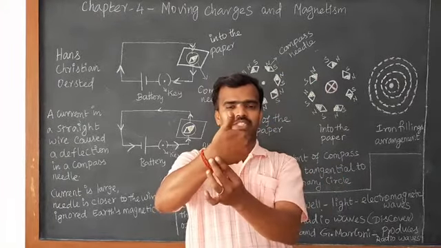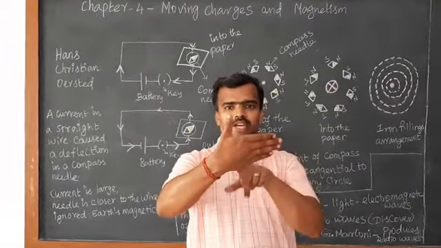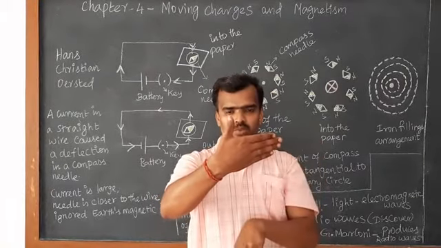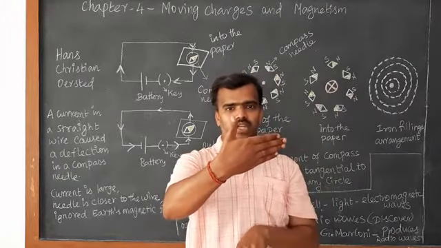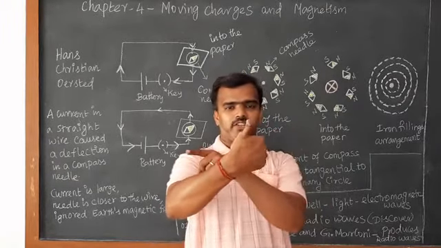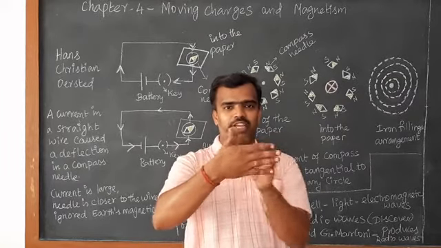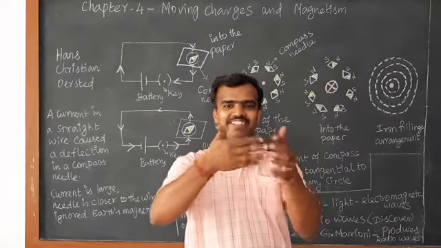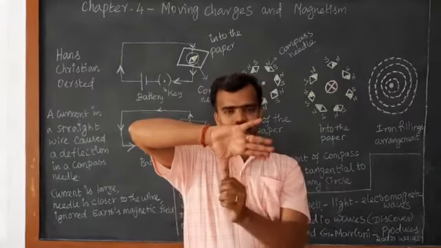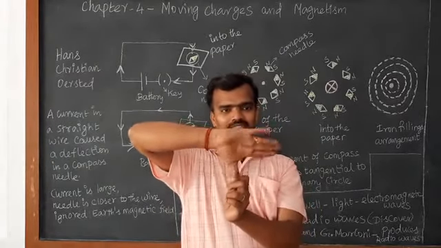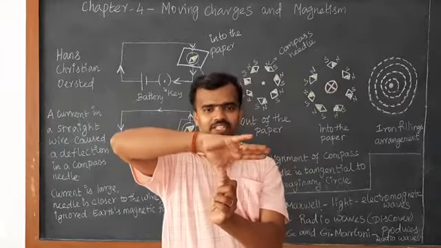This will move in this direction. The current moves north to south. Yes, this is north, this is south, west, east. Then it will deflect towards the east direction. I cannot bend my finger here. And suppose it is in the downward direction, then it will go to the west direction.